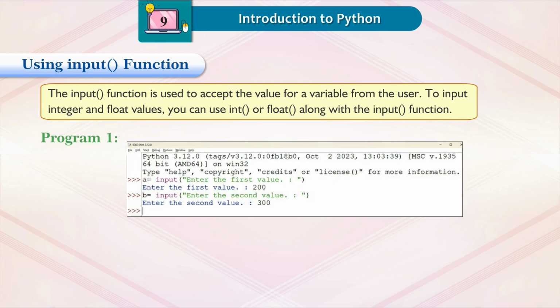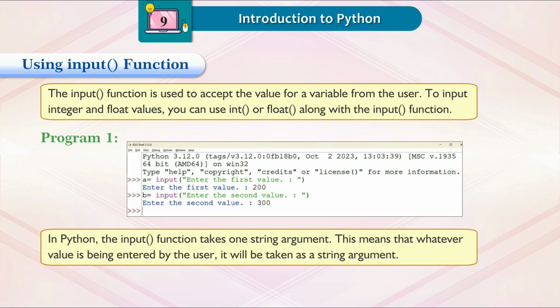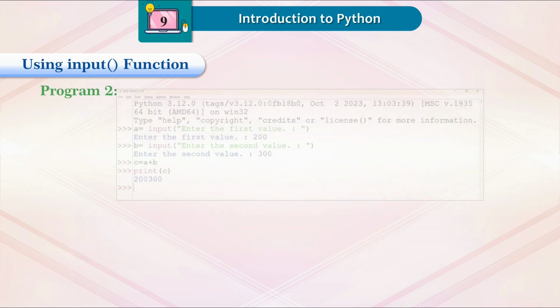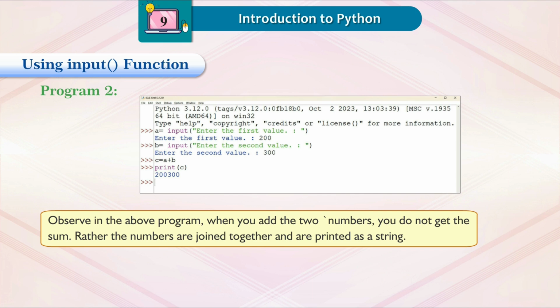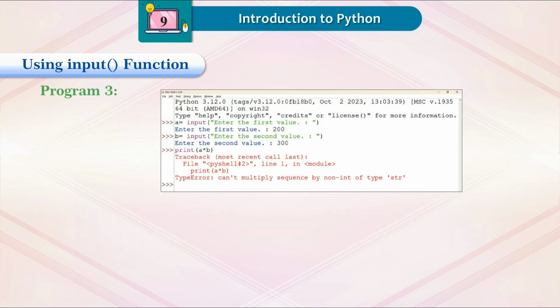Program 1. In Python, the input() function takes one string argument. This means that whatever value is being entered by the user, it will be taken as a string argument. Program 2. Observe in the above program, when you add the two numbers, you do not get the sum. Rather, the numbers are joined together and are printed as a string. Program 3.